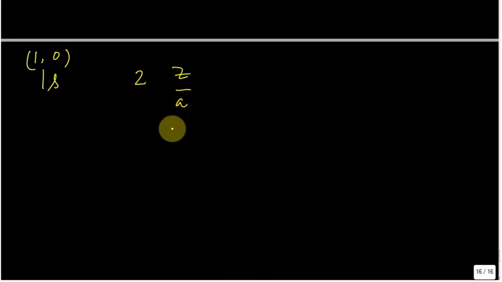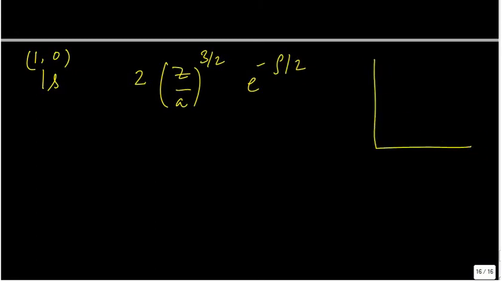We've written a over here, not a naught, because this is a general solution for whatever given value of z, to the power 3 by 2 e to the power minus rho by 2. Which means it's a constant times an exponential decay. So my wave function would just look like that.